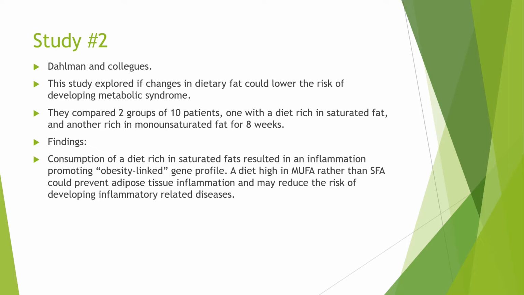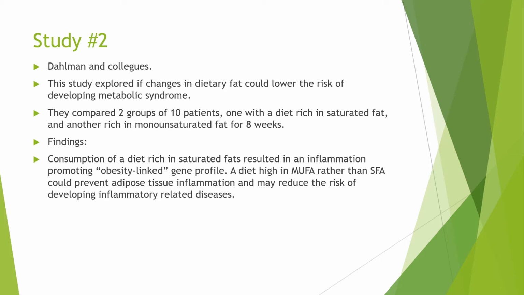The second study I found linking inflammation to saturated fat was performed by Dahlman and colleagues. This study explored if changes in dietary fat could lower the risk of developing metabolic syndrome. They compared two groups of 10 patients, one with a diet rich in saturated fat stemming from animal sources, and another rich in monounsaturated fat stemming from plant sources, for 8 weeks.